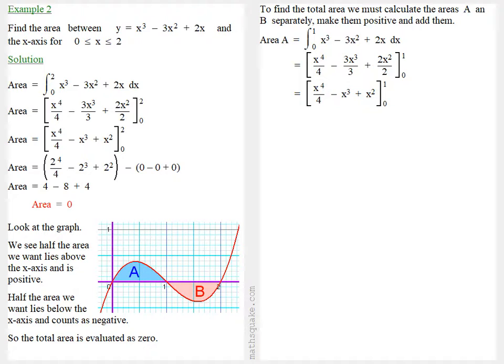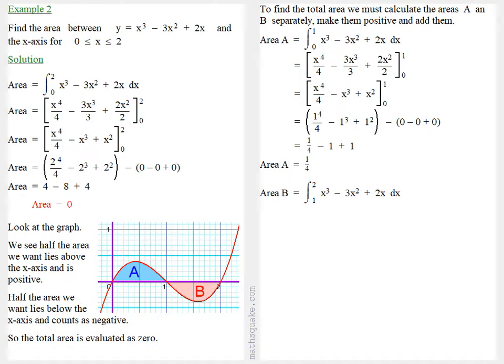So we substitute 1 into the equation, and we subtract, substituting 0 into the equation. So that gives us 1 to the power 4 over 4 minus 1 cubed plus 1 squared, take away 0 minus 0 plus 0. And that gives us 1/4 minus 1 plus 1, and so area A is 1/4.